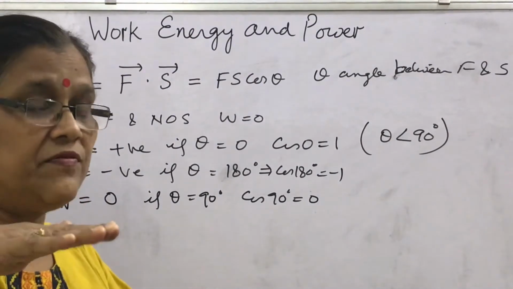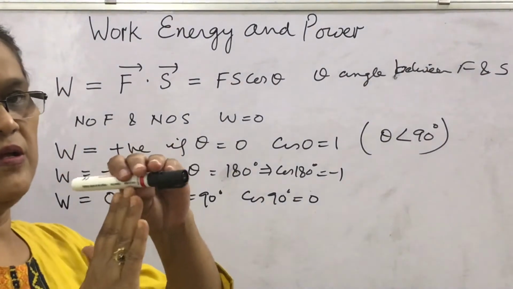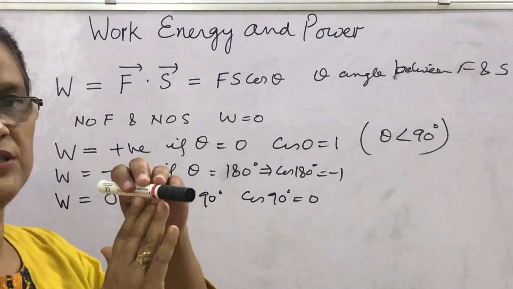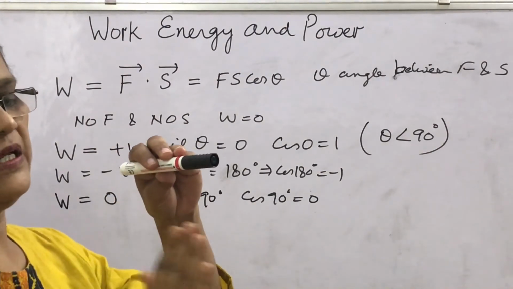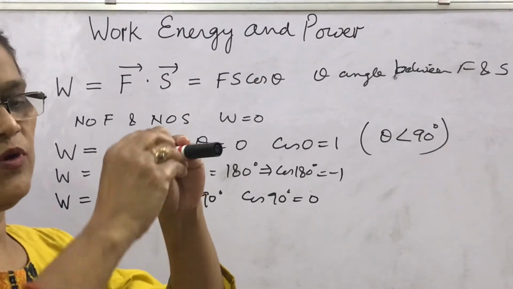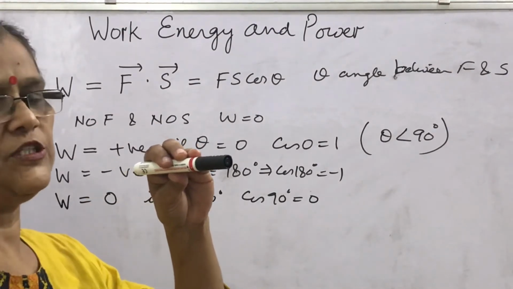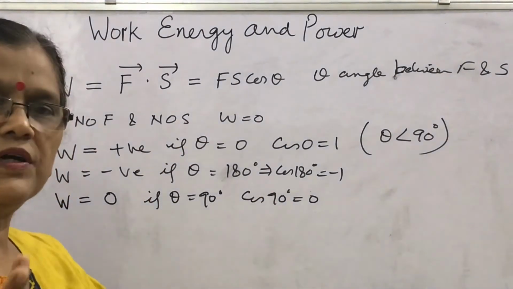If you neglect friction, take the example of a coolie. The coolie has a box on his head and he is moving in any direction on a flat road. The box's weight is vertically downward and he is moving horizontally, so displacement and weight are at 90 degrees, cos 90 is 0, so work done is 0.